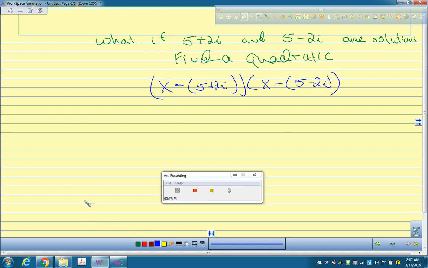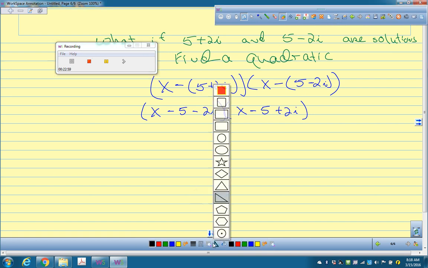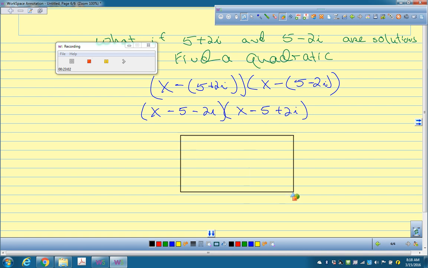You guys understand why I wrote it like that? If these are solutions, you subtract them to find the equation. Now I need to multiply that all together, which can be pretty messy. So what I do first is I go x minus 5 minus 2i. I distribute through the negative sign in this one, minus 5 plus 2i. And then I have to multiply those two things together. The best way to do that is by making a box.